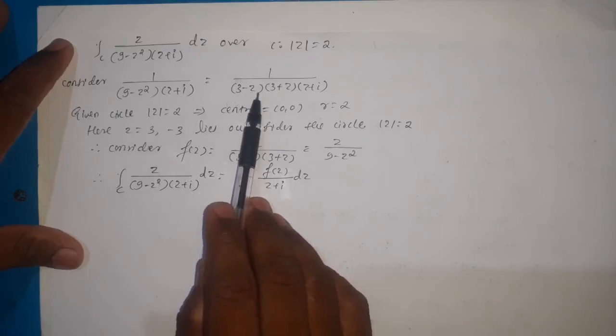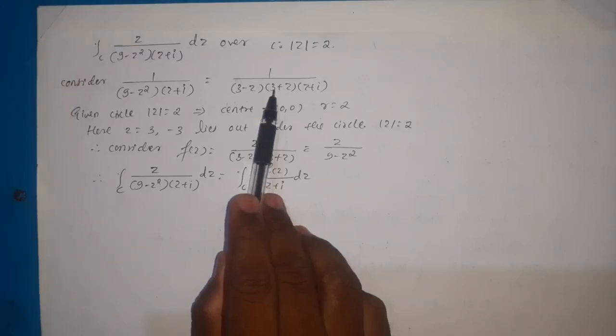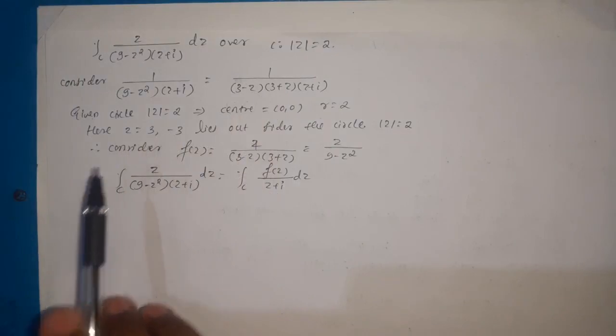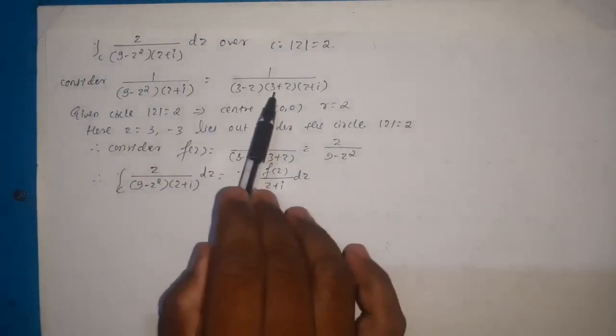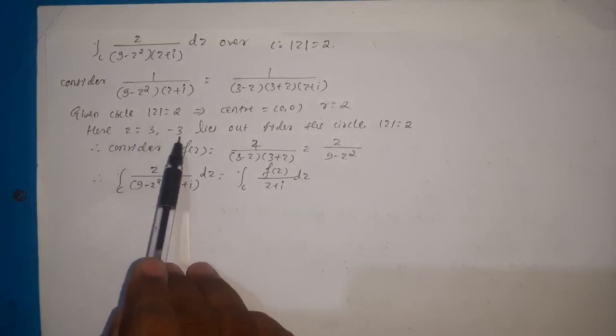Then the value of A becomes 3, and for the factor 3 plus z, A is equal to minus 3. So for those two terms we got the points A equal to 3 and minus 3.